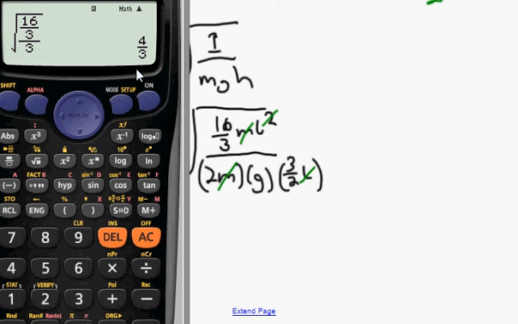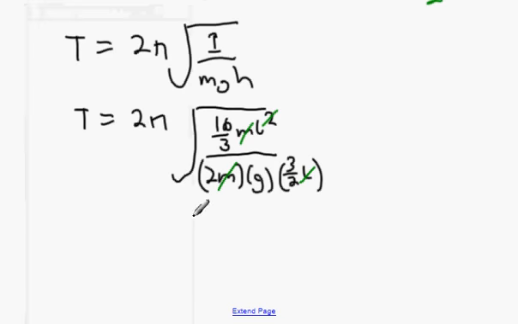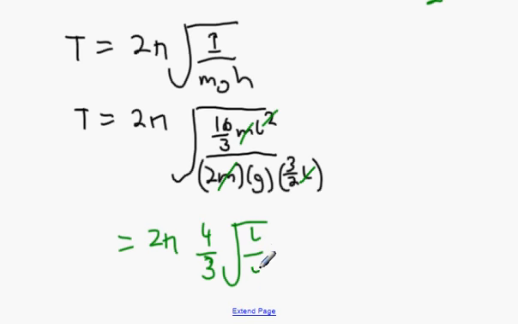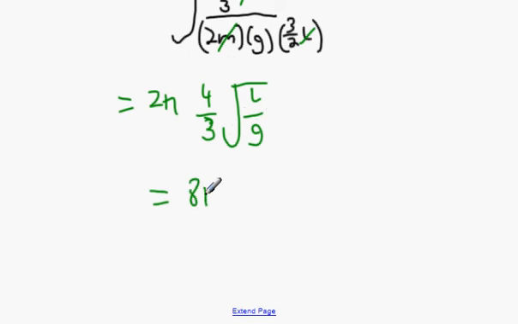So the square root of all that is 4 over 3. Now just be careful about the G on the bottom. So it's going to be 2 pi times 4 over 3. What I didn't include was the L and the G, which stays where it is. And then finally it's going to be 8 pi over 3 square root of L over G. And that's your answer.